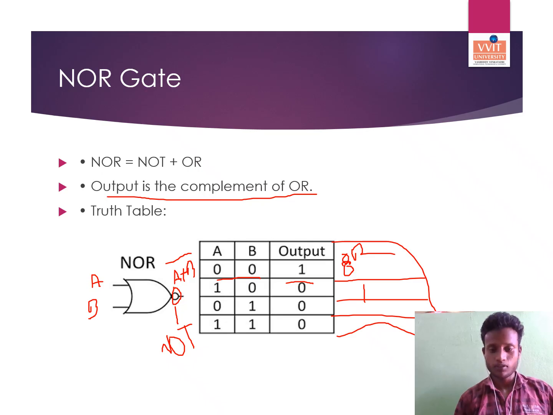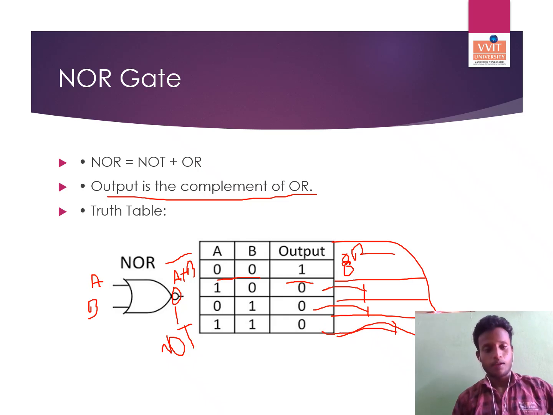The complement of the OR gate is 0. If 0 plus 1, how much in the OR gate? 1. Complement of the OR gate? 0. 1 plus 1, how much? 1. Complement of the OR gate is 0. This is all about the NOR gate.